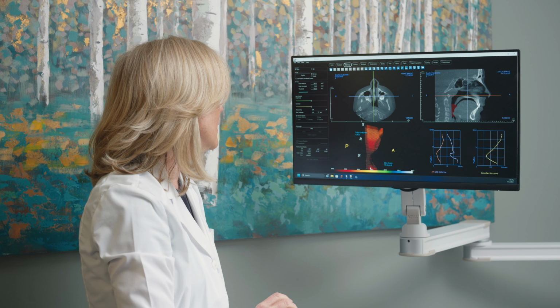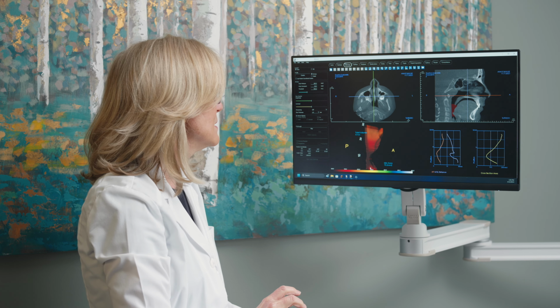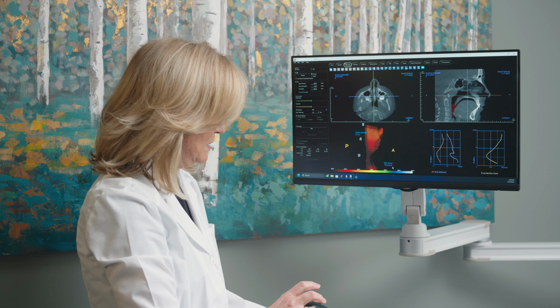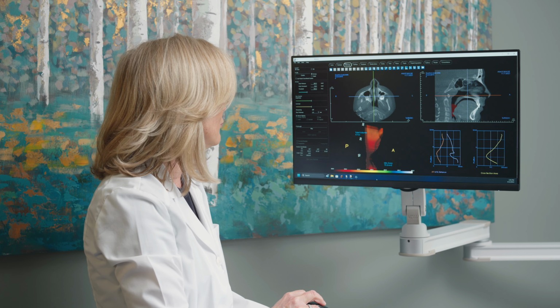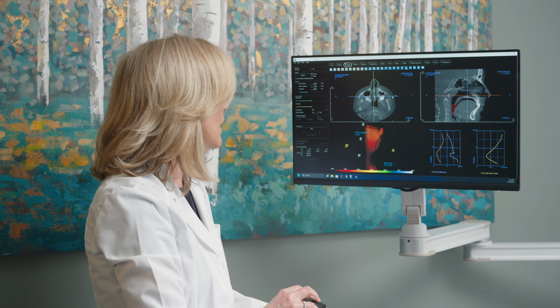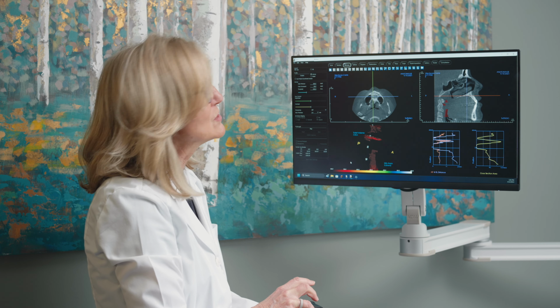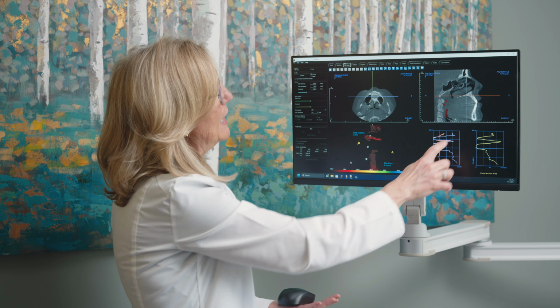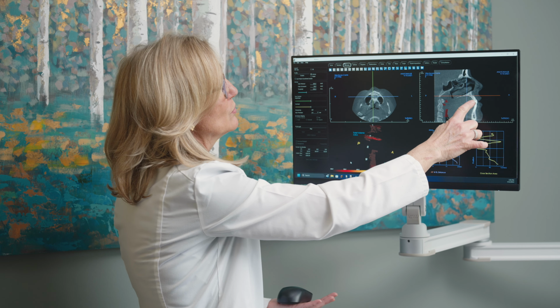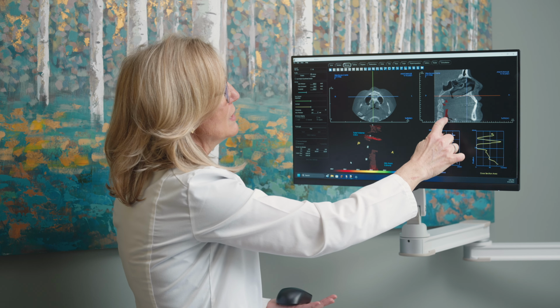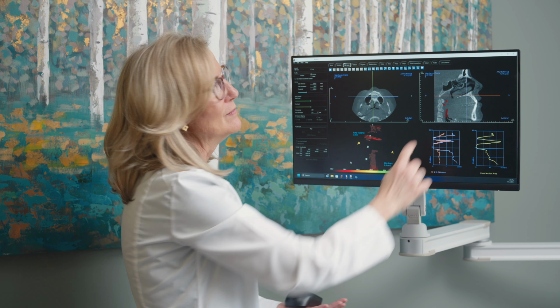Then I'm going to show you one other person for whom it doesn't matter if her tongue is on the roof of her mouth or on the floor of her mouth. She has some other issues going on, and that's swelling of tonsils and adenoids. And this patient, even though her tongue is on the roof of her mouth, you look at that and you say, well, wait a minute, I don't see an airway.